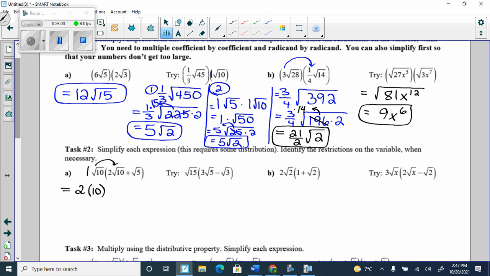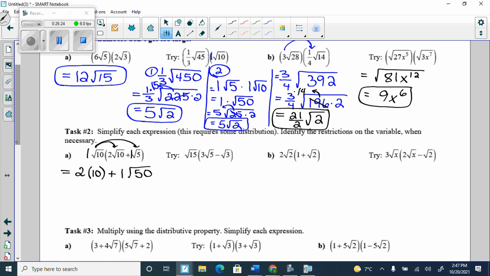Then we have to do the next one. Plus sign. 1 times root 5, 1 times 1 is 1. Do I have to write the 1? No, I'm writing it for clarity. Root 10 times root 5 is root 50. Then we have to simplify. 2 times 10 is 20.